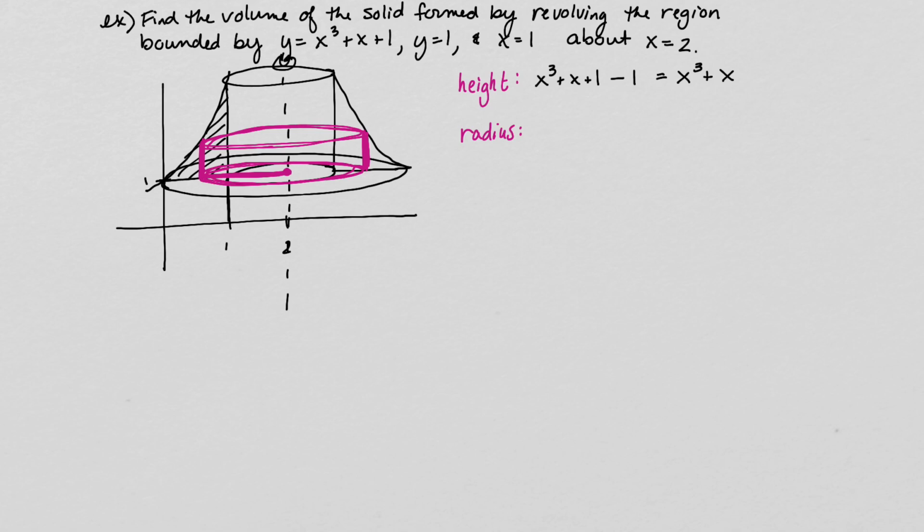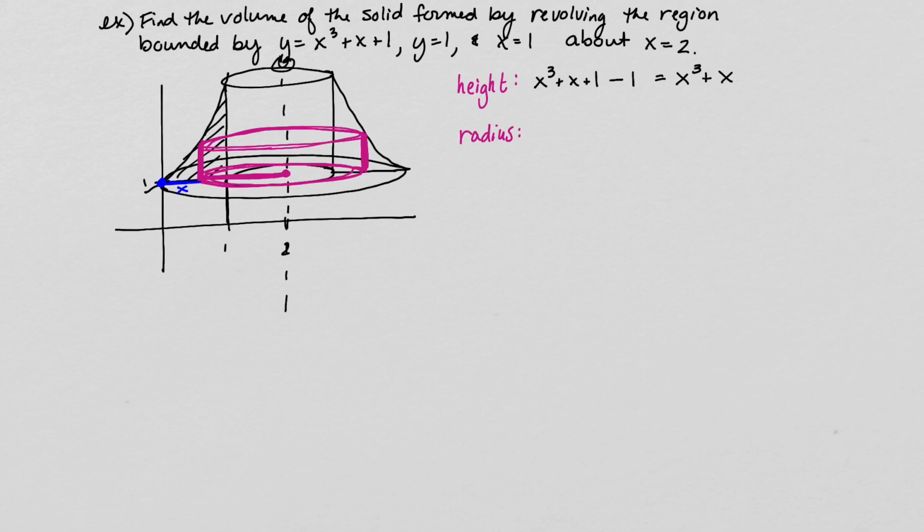So far, we've been measuring the radius starting at 0 and going this way, and that distance there we were calling x. So if that distance is x, and from here to here is 2, how much would that pink radius be?